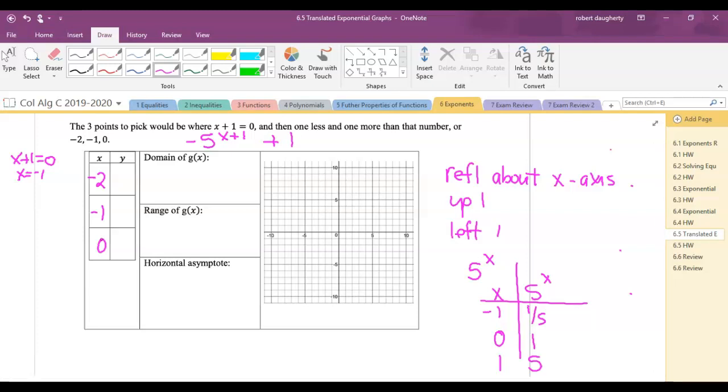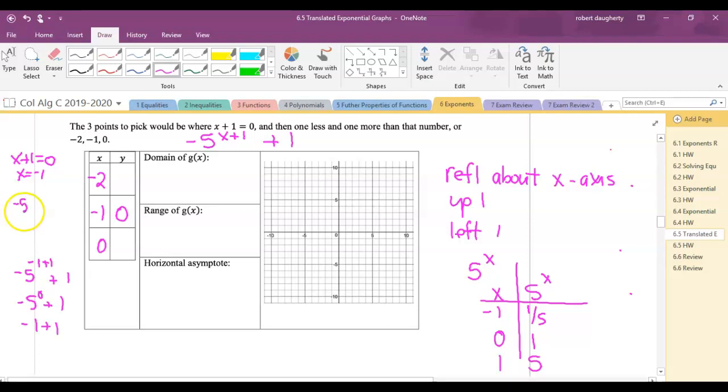So let's work with this one. Negative 5 to the negative 1 plus 1, plus 1. What is negative 1 plus 1? 0. So this is negative of 5 to the 0, plus 1. What's 5 to the 0? 1. What is negative 1 plus 1? 0. So negative 1, 0. Let's plug in a negative 2 here.